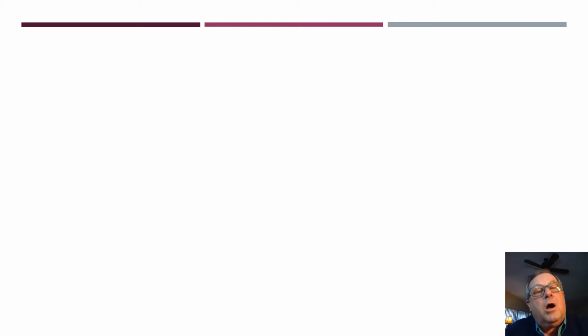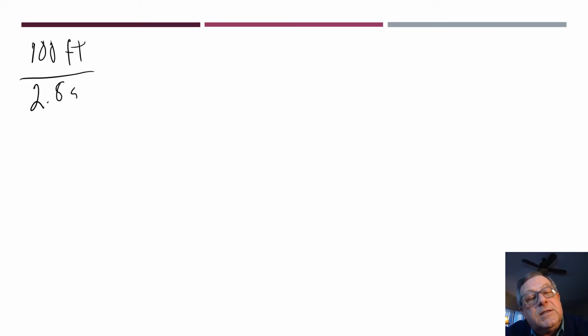All right, so we were told we got 100 feet, the car traveled 100 feet in 2.8 seconds. And it's important that I write my unit of measurements here. I'm doing dimensional analysis or unit conversion. All right, so let's think about now. Okay, we determined it was 5,280 feet in 1 mile.